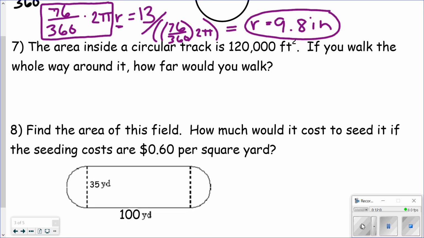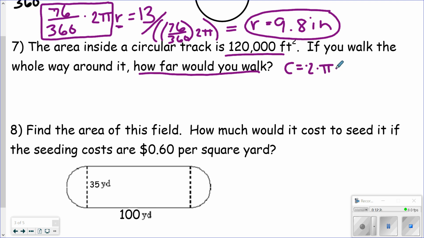Question number 7. The area inside a circular track is 120,000 feet squared. If you walk the whole way around it, how far would you walk? So if we're walking around the edge of a circle, that's looking for the circumference. And we know circumference is equal to 2 pi r.